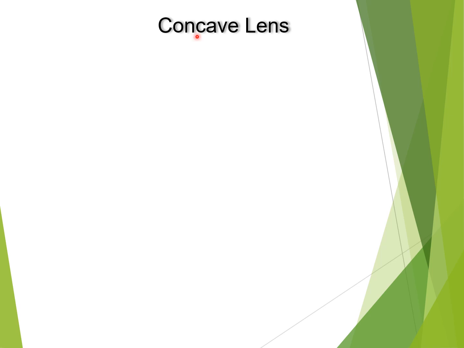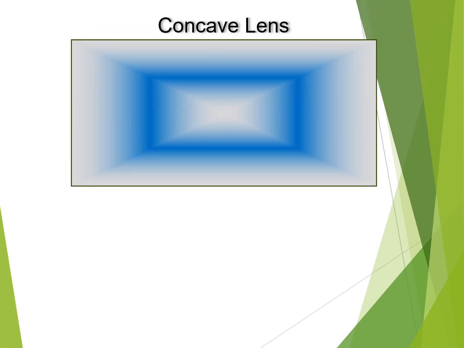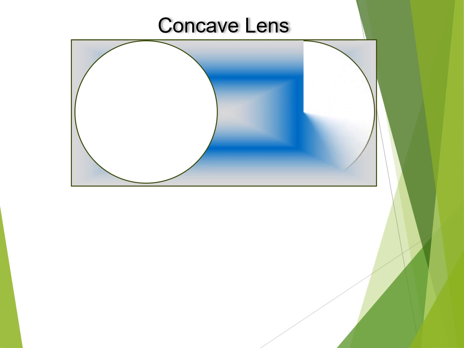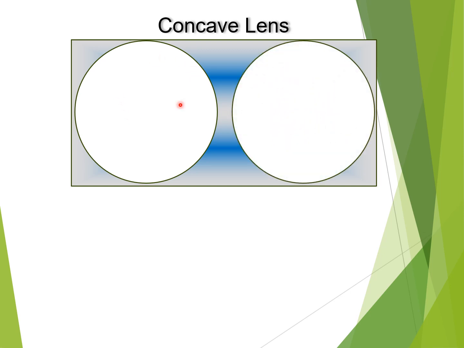Let's see how a concave lens is made. Let us take a glass slab and cut two spherical shapes with a gap between the two.